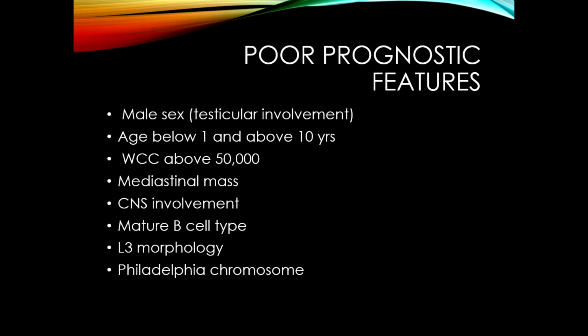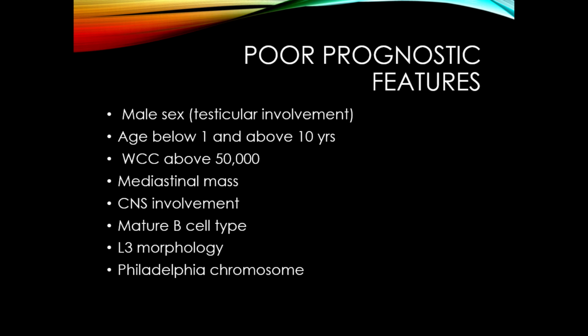Age below 1 year and above 10 years is considered a poor prognostic feature. White cell count of more than 50,000 at the time of presentation. The presence of a mediastinal mass is again a poor prognostic feature. Evidence of CNS involvement such as cranial nerve palsies, increased intracranial pressure.